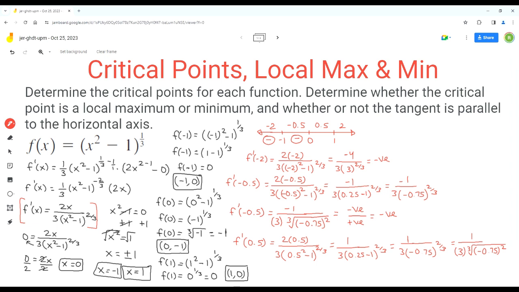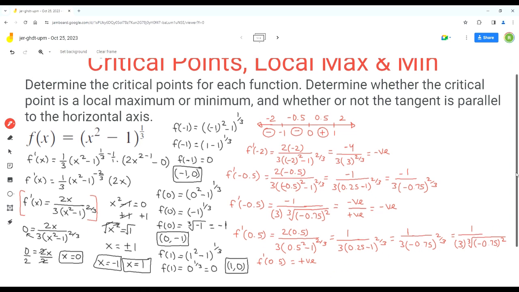So we'll get a positive result in the denominator. There's a positive value in the numerator. So that means prime of f at 0.5 will be a positive value. So that means the function is increasing between the critical numbers x equals 0 and x equals 1.